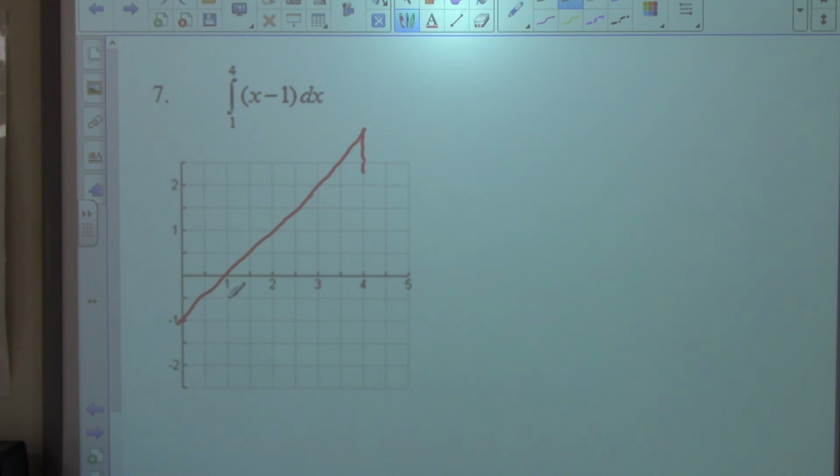And then the range is 1 to 4, so when you take the area of the triangle, it's going to be 3 times 3, right? Oh, because it's 1 to 4. So that's going to be 9 divided by 2, 9 halves. Okay.